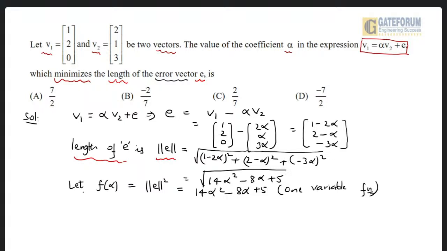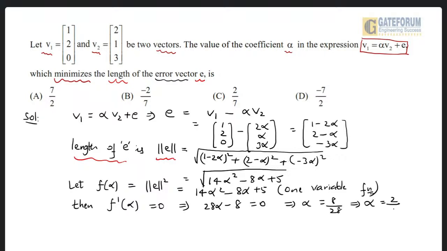Now for maxima or minima, the necessary condition is f dash alpha is equal to 0 for obtaining stationary points: first derivative with respect to alpha. So this becomes 28 alpha minus 8 equal to 0. From this you will get alpha is equal to 8 by 28, that is 2 by 7.